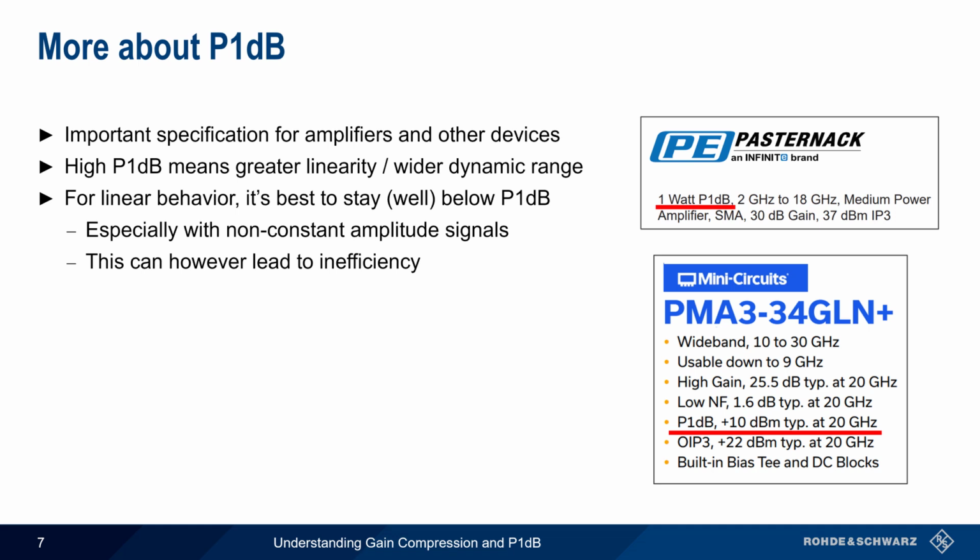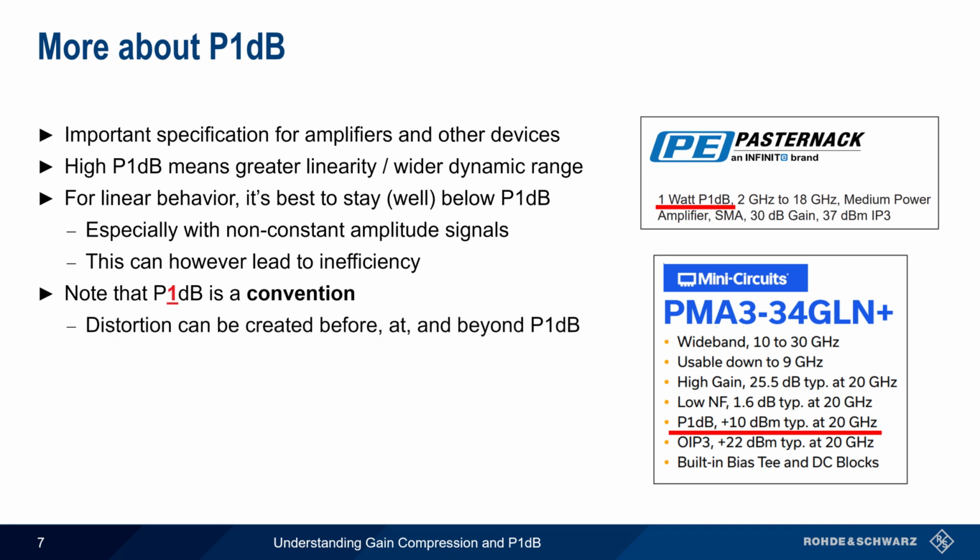It's also important to keep in mind that P1dB is a convention. There's nothing special or magical about gain decreasing by precisely 1 dB. Measurable distortion can occur before, at, or beyond P1dB. Therefore, you may sometimes see compression specified for other dB values in certain applications.